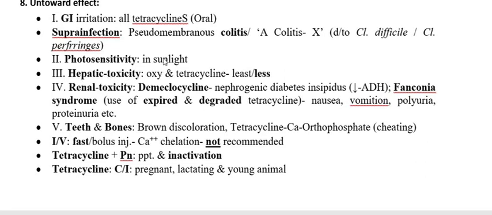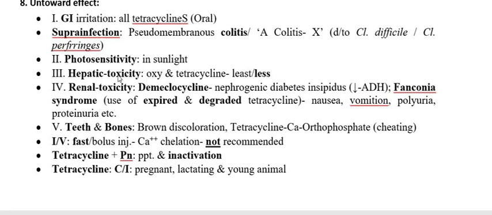And amongst all the tetracyclines, oxytetracycline and tetracycline, they both are, as earlier mentioned, short acting. They are very less hepatotoxic, and that is the reason oxytetracycline and tetracycline are the two drugs that are very much usable in case of animals, particularly oxytetracycline.